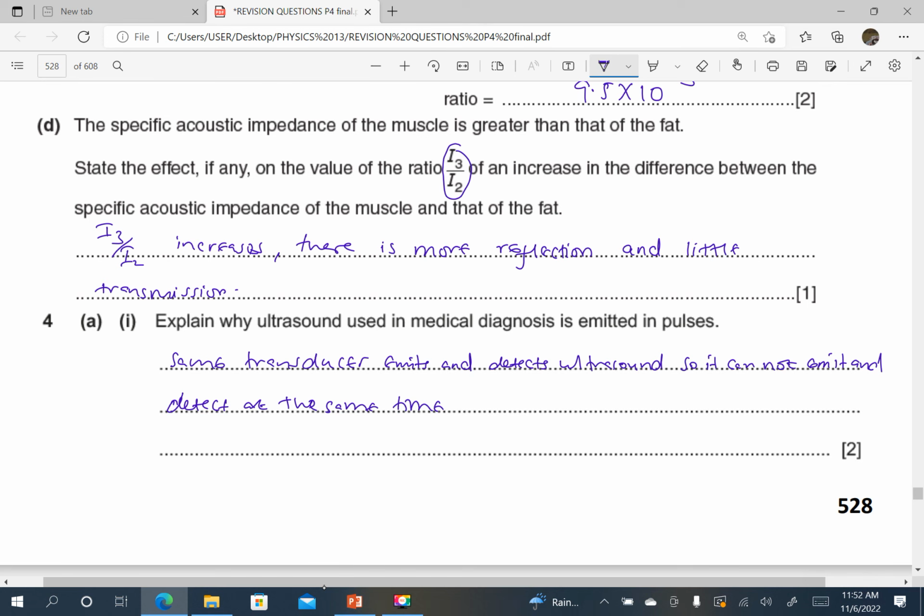Hence, pulses allow detection to occur in the time between emitted pulses.